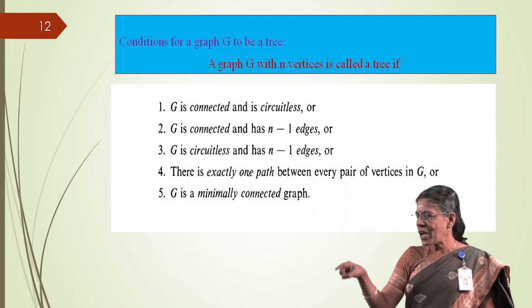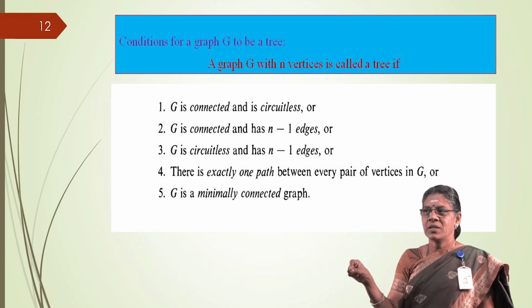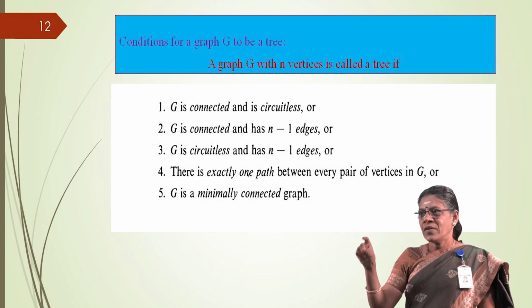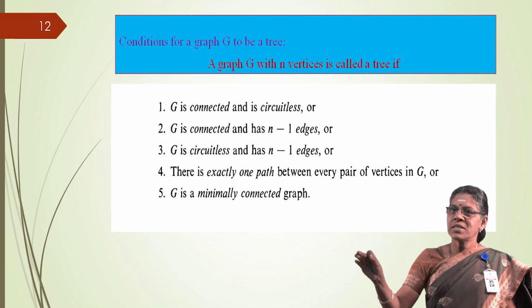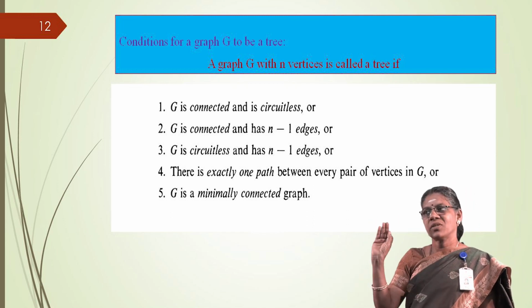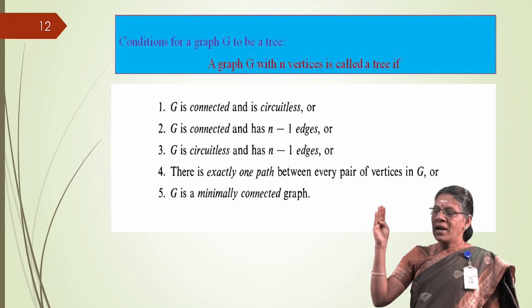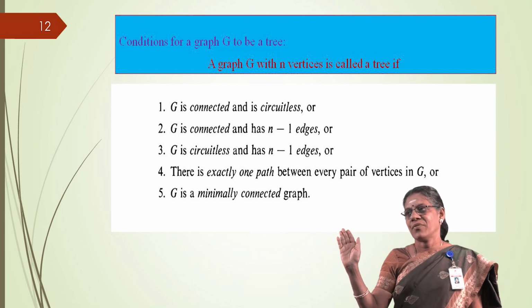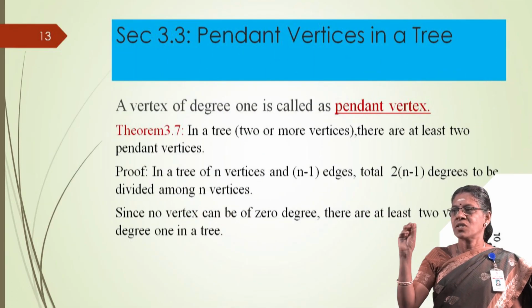All these 5 points give the condition for a tree: G is connected and circuitless; G is connected and has n minus 1 edges; G is circuitless and has n minus 1 edges; there is exactly one path between every pair of vertices; and G is minimally connected. These are the conditions for a graph with n vertices to be a tree.